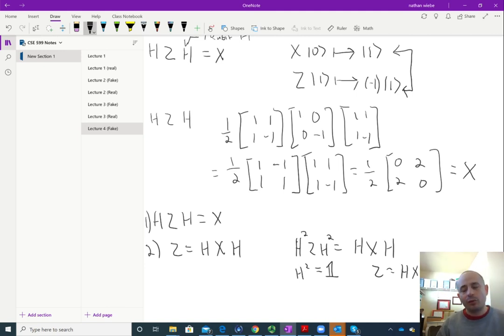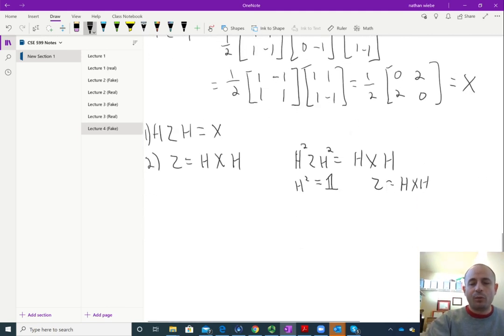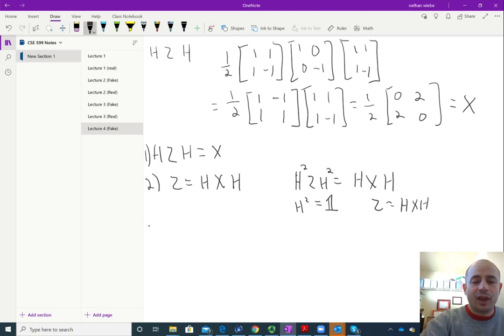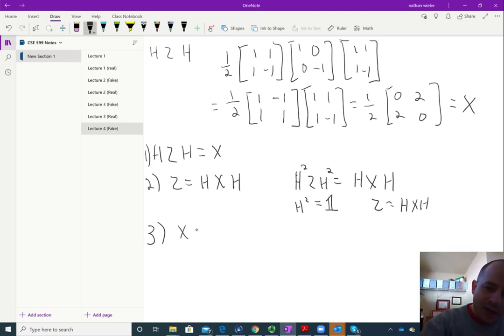Now, as I've mentioned before, there are some other properties of the Pauli operations that are really useful. The first property is that we can convert Pauli X and Y into Pauli Z. So XY equals iZ.